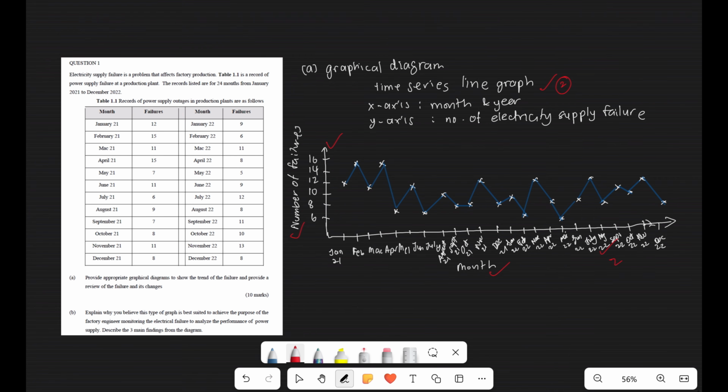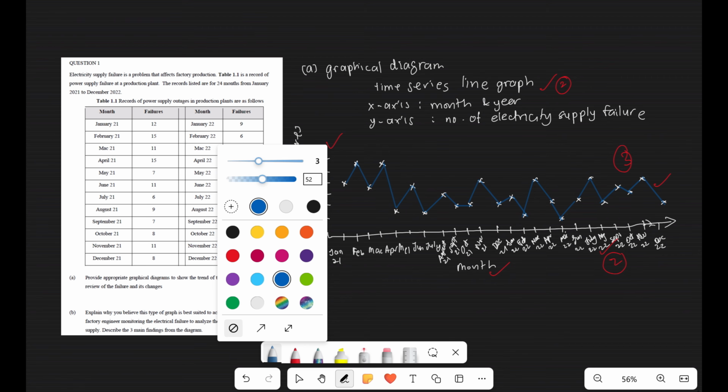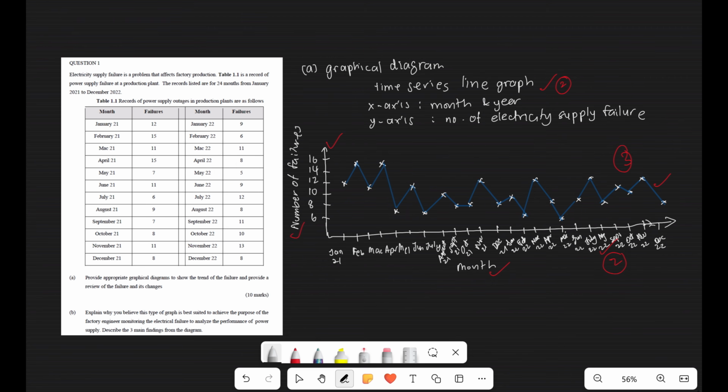All data is here, 3 marks. So that is 7, and then you have to also provide a review of the failure and its changes.